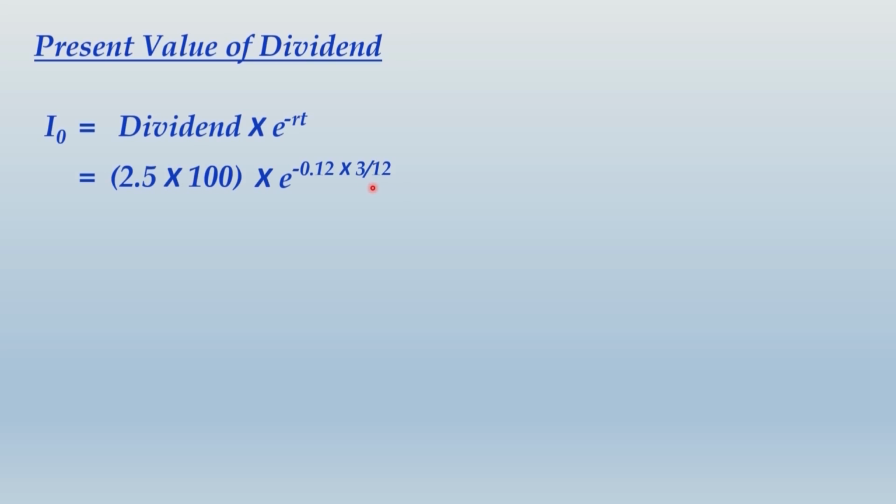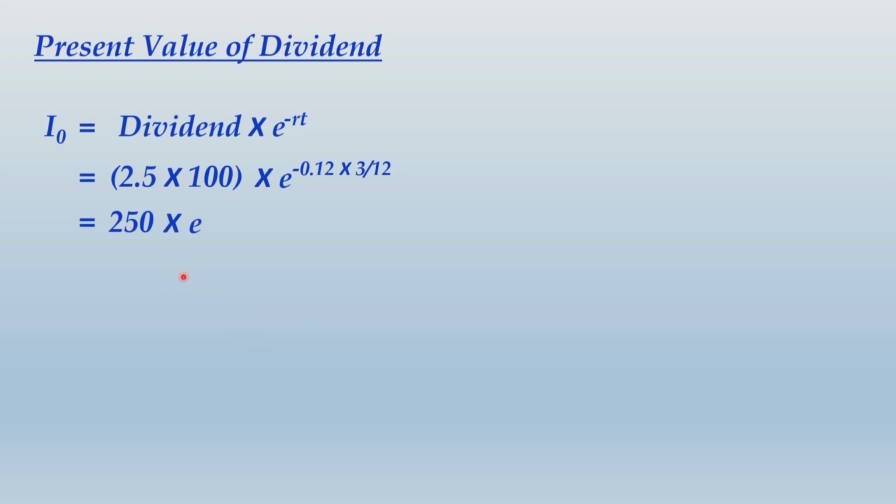That means here this will be 3 months, by the end of which you are going to receive the dividend. So be very sure when you are dealing with a case like this, in dividend into e raised to minus RT, the time period involved should not be the time remaining for the maturity of the futures contract; it should be the time for which the dividend is expected to be received.